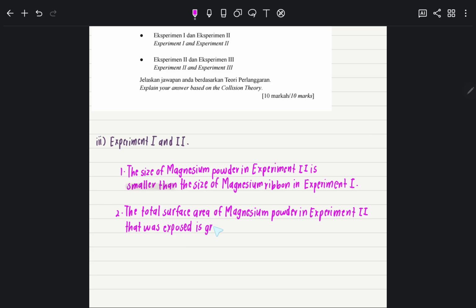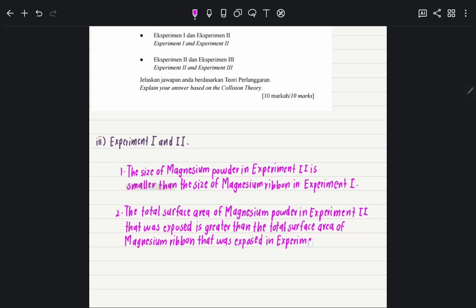I love to compare fully. Is greater than the total surface area of magnesium ribbon that was exposed in experiment 1. Sorry, I always get confused. Okay, this is your second sentence.